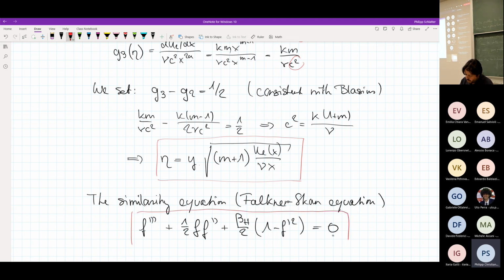So these are the equations that you would get if you introduce this eta into the boundary layer equations.